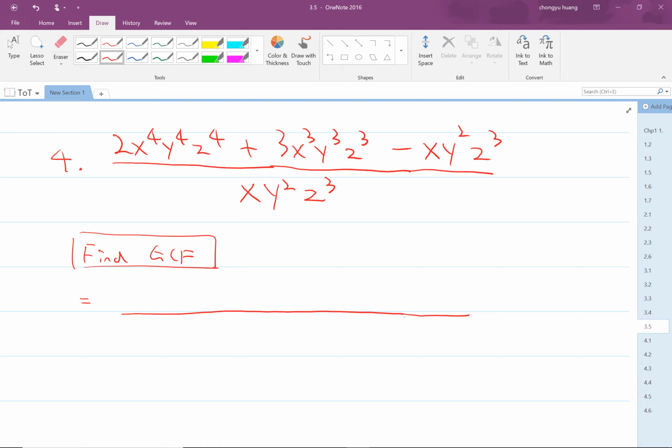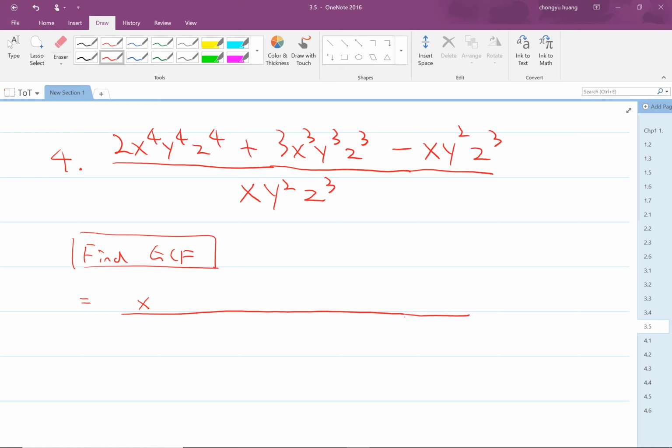Now you focus on the variables. For x we have x to the power 4, x to the power 3, and a single x. The single x will be part of the GCF, because it is the most common one and it is the greatest common.